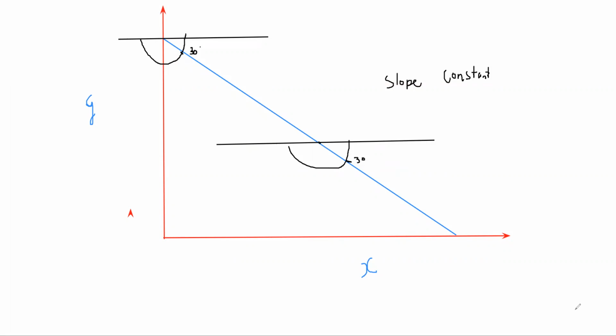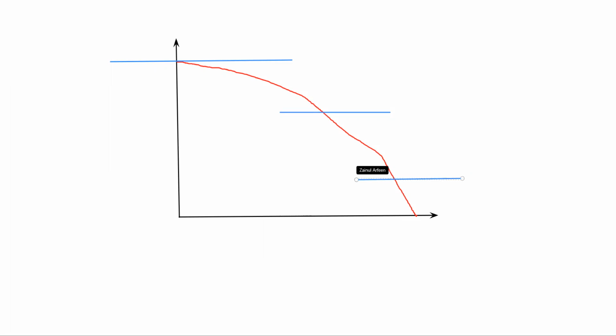Same way, if it was like this, can you identify what happened to the slope? So how to identify? What I will do, I will draw the horizontal line. This is the first horizontal line, this is the second horizontal line, and this one is the third horizontal line. And what angles will I measure? I will measure this angle A, angle B, angle C. So what do you observe about the angles?